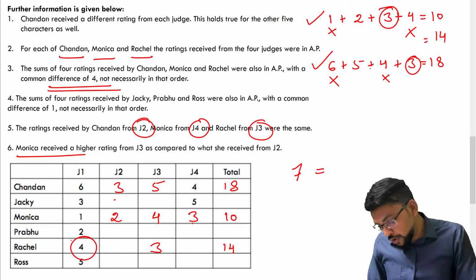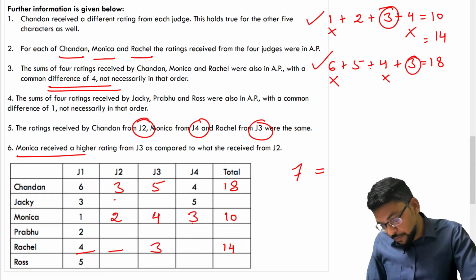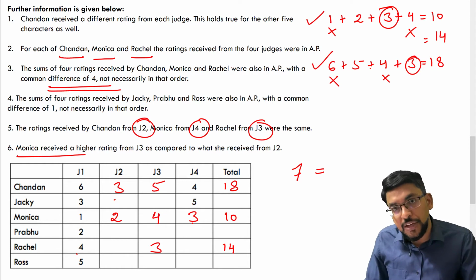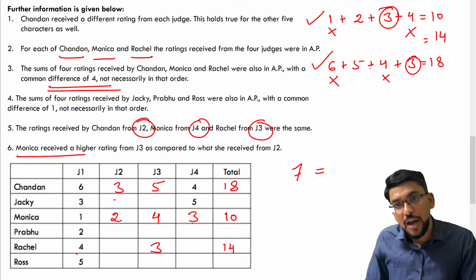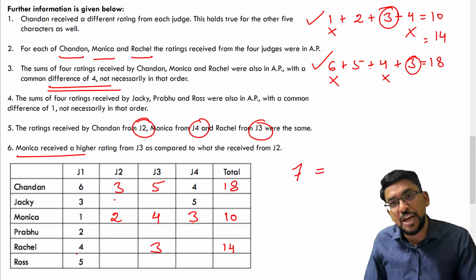And as we already know, this particular row, these 4 numbers, has to be an AP. And when these numbers have to be an AP and the common difference of 4 and 3 is 1, I can take 5, 6, which is not possible here because the summation cannot be 7.